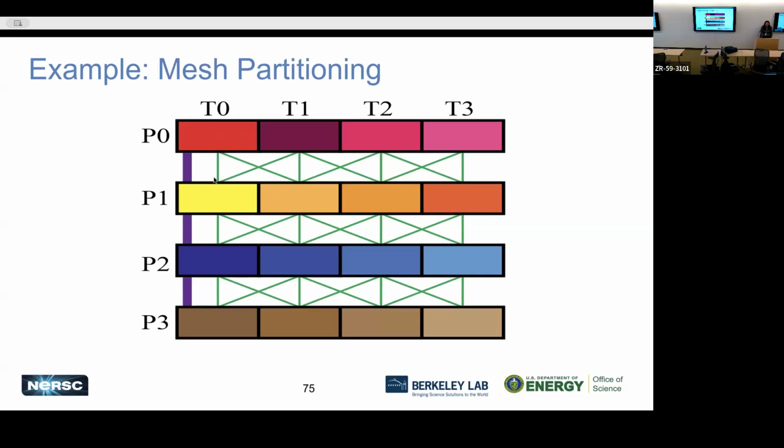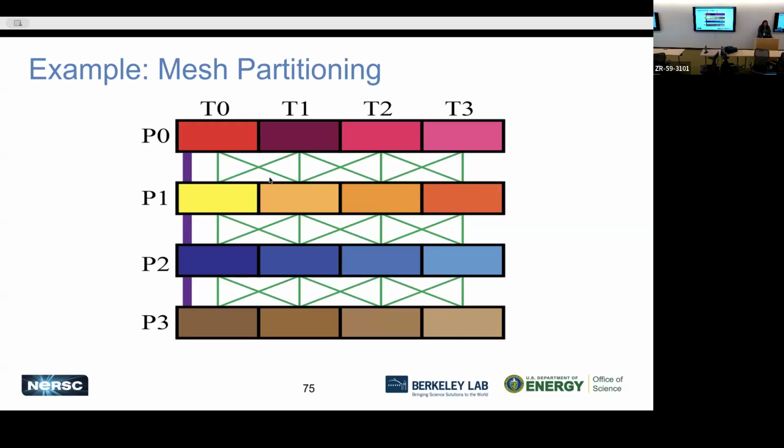So then if we wanted to have point to point communication on our mesh, then we're going to have to do a lot more communication. We're going to have to send a little message from P0 T0 to P1 T0. We have to send a little message possibly from P0 T0 to P1 T1, because it might need the information from this grid, depending on how we're setting up our structure.